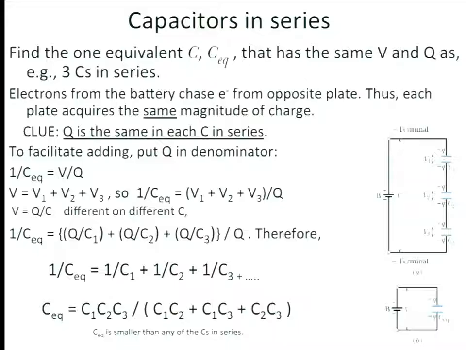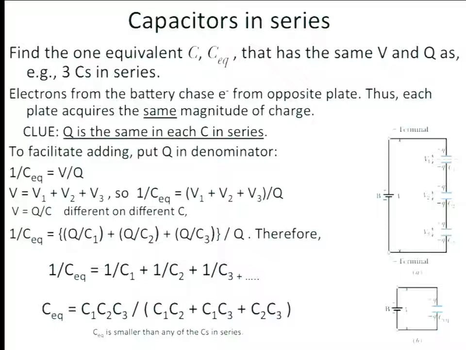So in any case, when you actually do it, you will find that for the equivalent capacitor in series, it's going to turn out that, in fact, 1 over C equivalent is going to be 1 over C1 plus 1 over C2.